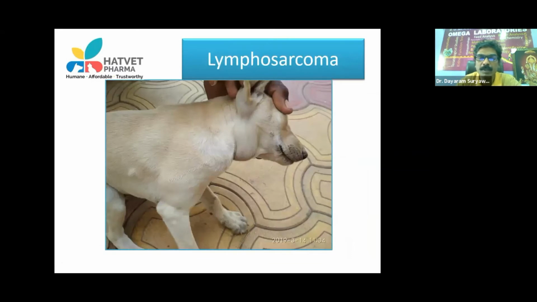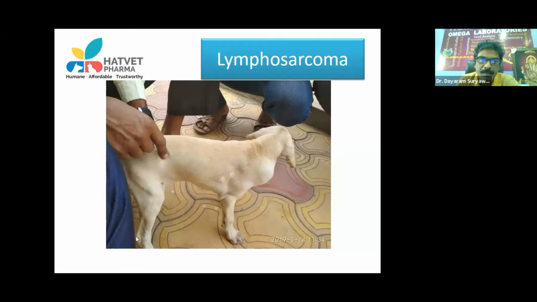Now the next tumor, which is more commonly present, is lymphosarcoma. There is enlargement of lymph nodes, maybe the submandibular lymph node or the ones near the tonsils. Then sometimes in the internal parts of the body, here you can see one lymph node enlarged over here. One is so extensively enlarged at the submandibular area.